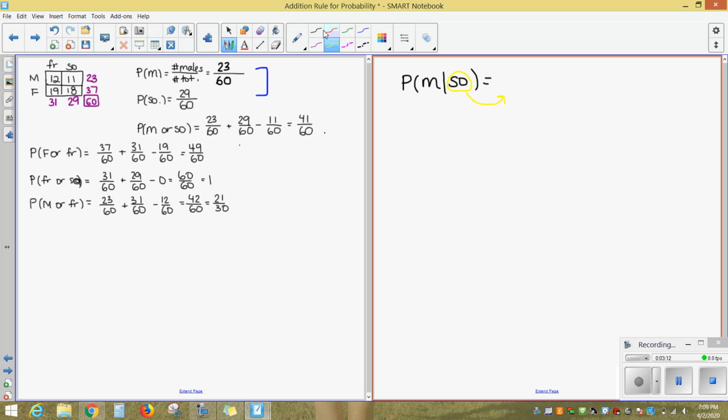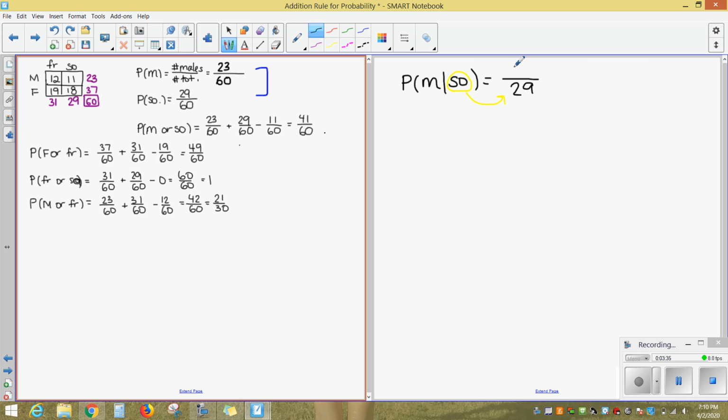Looking at the table, if I'm told for sure that I'm talking to a sophomore student, notice there are 29 of them altogether, 11 men, 18 women. From those 29 sophomores, I can block out this half of the table, not literally.